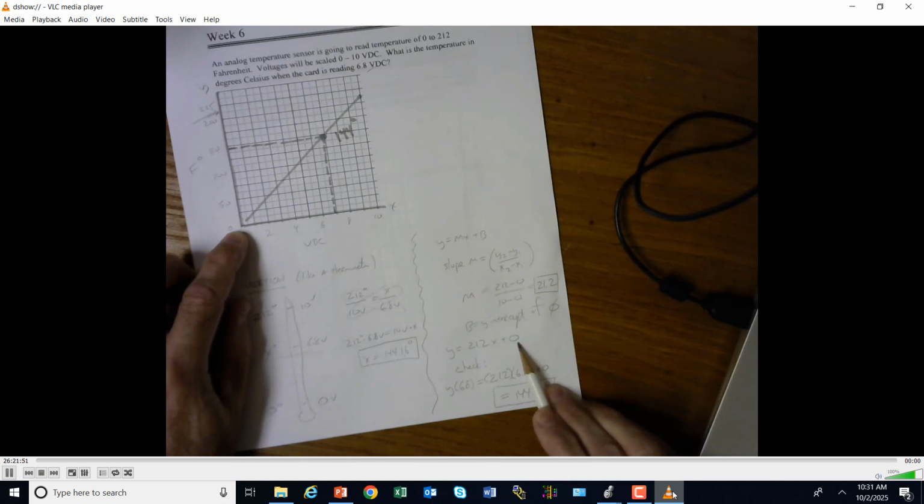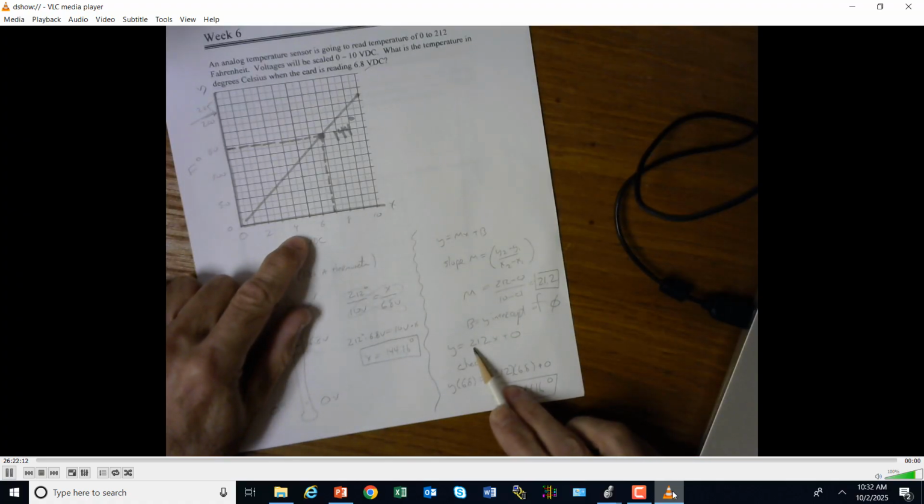You want to check it? Well, you can plug 6.8 into here. 21.2 times 6.8 is 144.16. So by having this equation, I can quickly do the math. What is it for 4 volts? Just plug 4 in. 21.2 times 4 is 84.8.